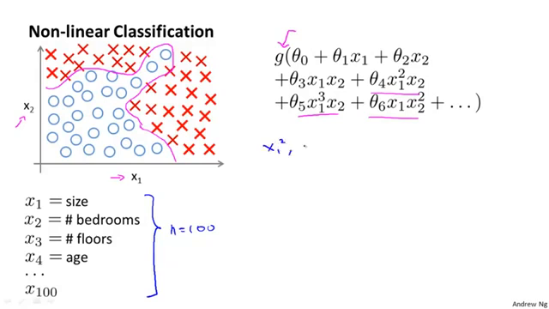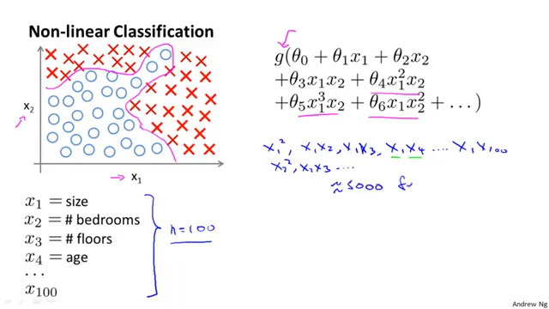There would be terms like x1 squared, x1 x2, x1 x3, x1 x4, up to x1 x100, and then you have x2 squared, x2 x3, and so on. And if you include just the second order terms, that is the terms that are a product of two of these terms, x1 times x1 and so on, then for the case of n equals 100, you end up with about 5,000 features.